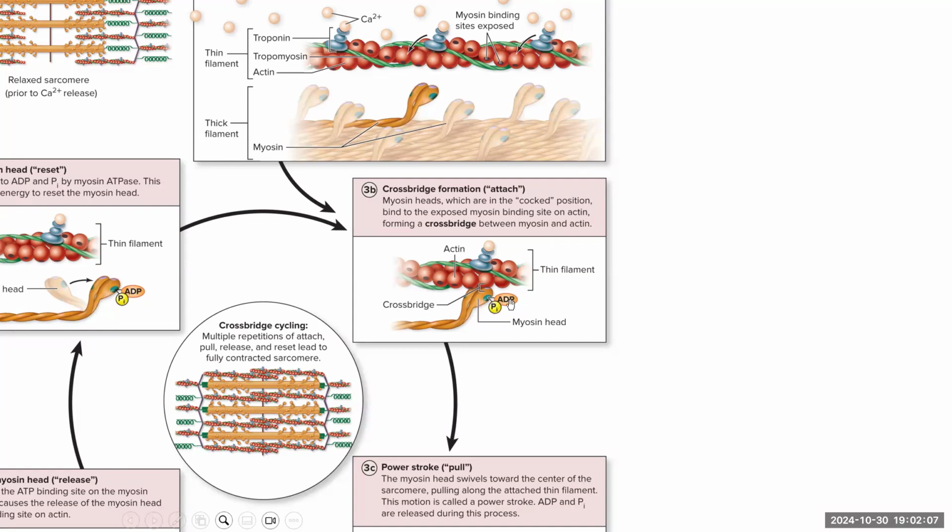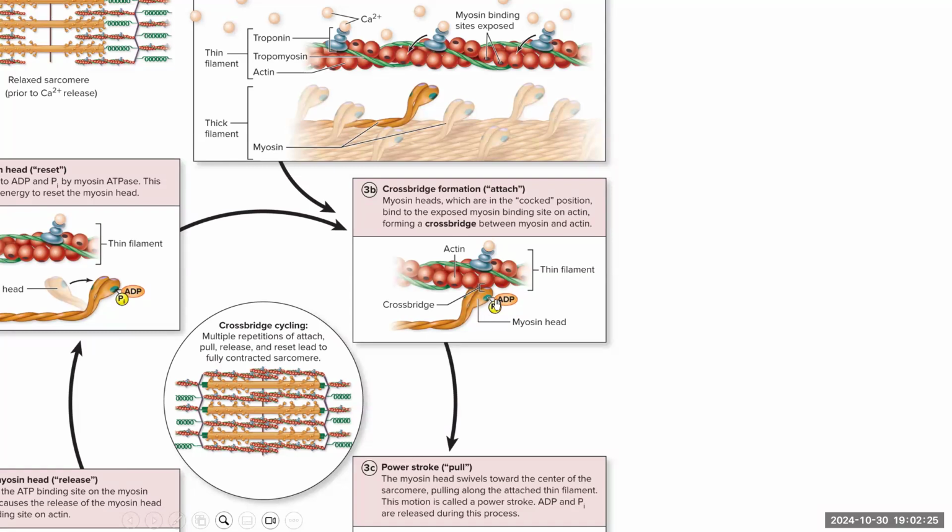The other one is going to allow ATP to bind onto the globular head, the myosin head. I'll get to what happens to ATP, but after this phenomenon that I'll talk to you about in a second, the release part, ATP is hydrolyzed or broken down into ADP and an inorganic phosphate.